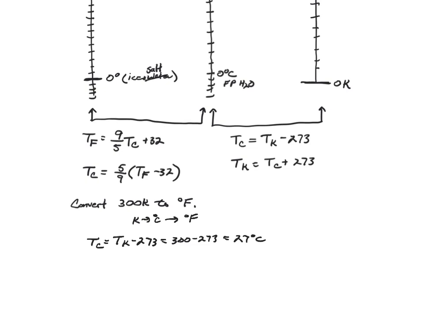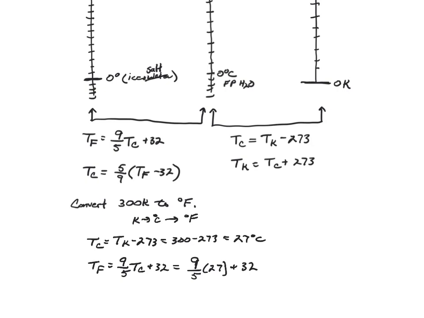Now, to go from there to Fahrenheit, the temperature in Fahrenheit is equal to 9/5 the temperature in Celsius plus 32, which equals 9/5 times 27 plus 32. And I am not going to trust myself to do that math in my head.